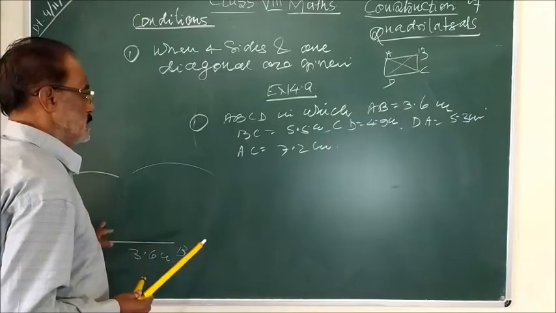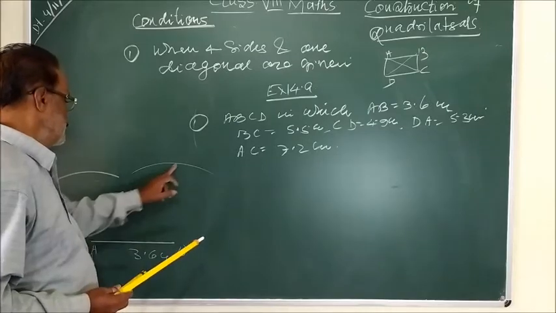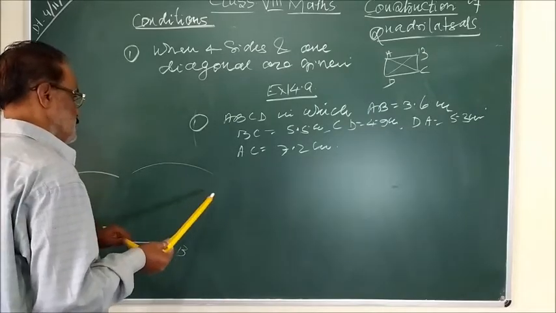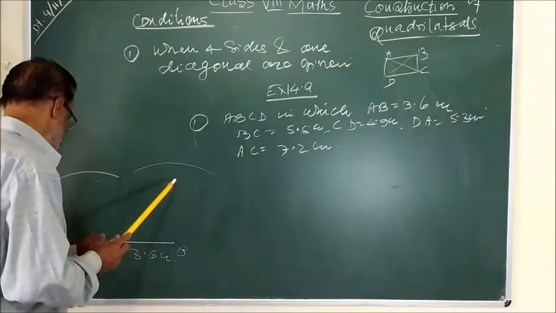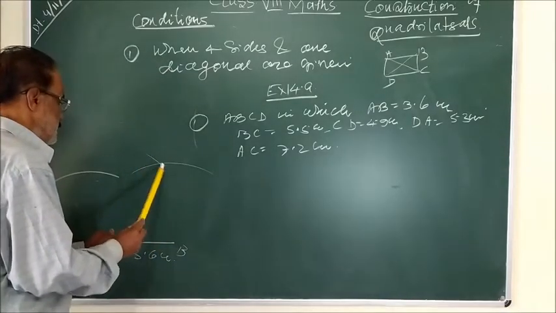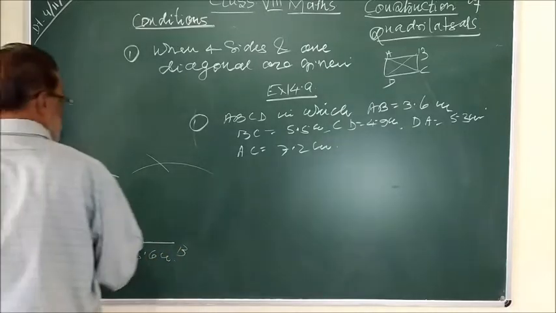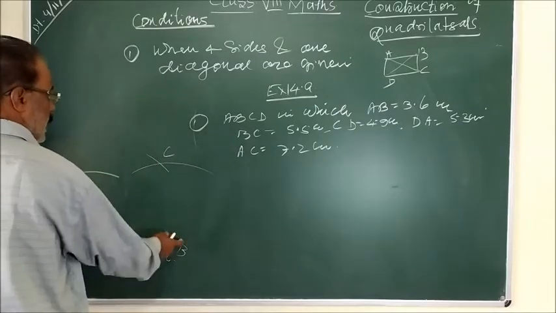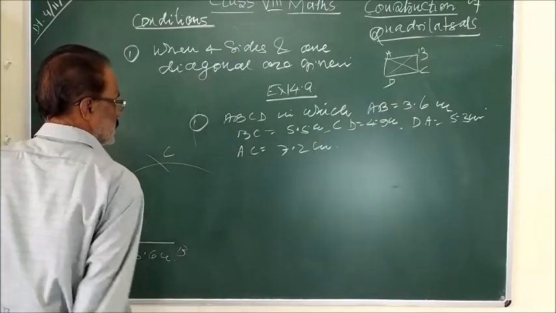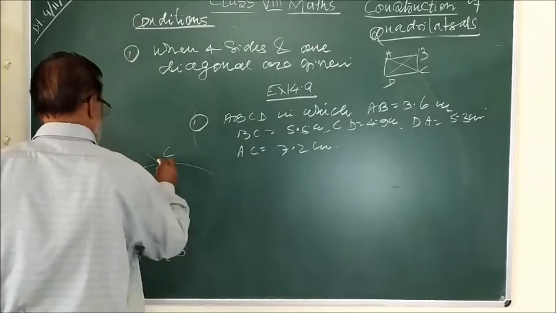Now you see the diagonal AC is given. Diagonal 7.2, we measure 7.2. So this will be AC. This point we have got, so this point is C. AC will be 7.2, and the arc of BC 5.5 we have already cut.